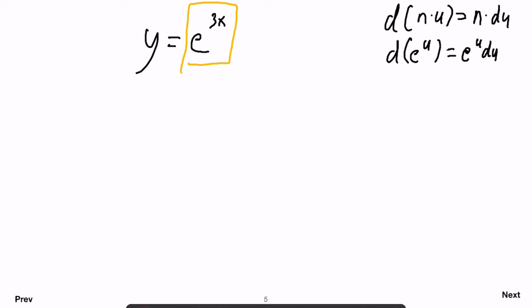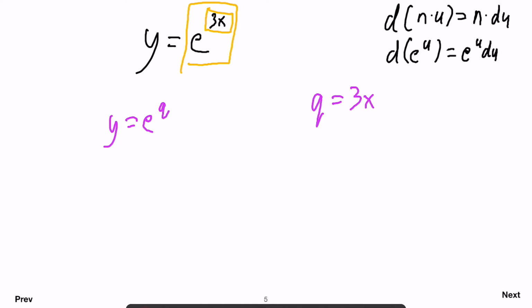So what we can do is take this 3x and assign it to a variable. Let's just call the variable q. So we'll say q equals 3x. So now our equation becomes y equals e to the q. Okay, so fair enough. Math doesn't care what you call variables.